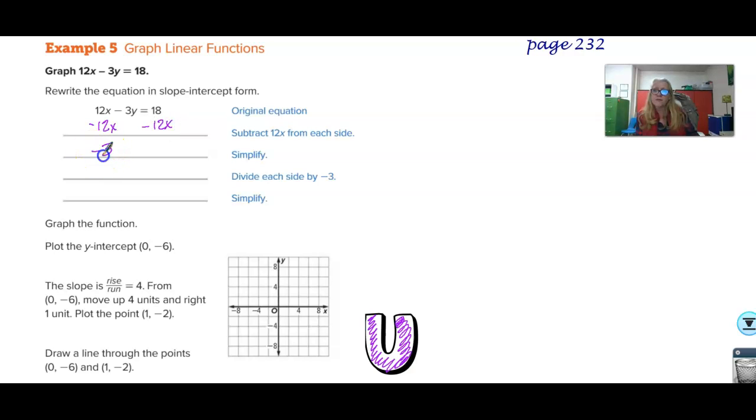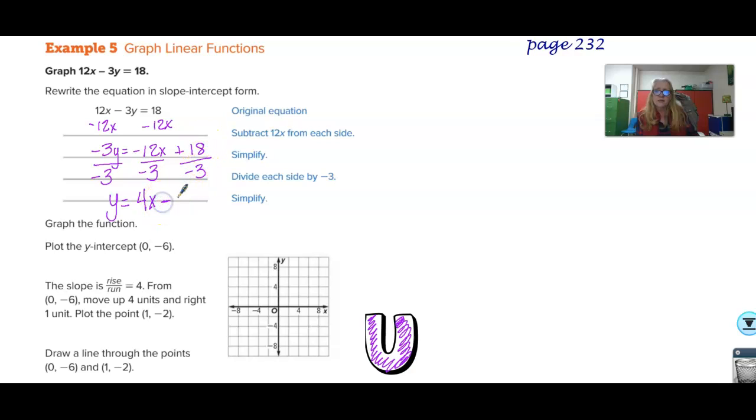That gives us -3y equals -12x plus 18, plus because 18 is positive. Our last step is to get y completely by itself, so we must divide every term in the equation by -3, and that gives us y equals -12 divided by -3 is +4, and 18 divided by -3 is -6.